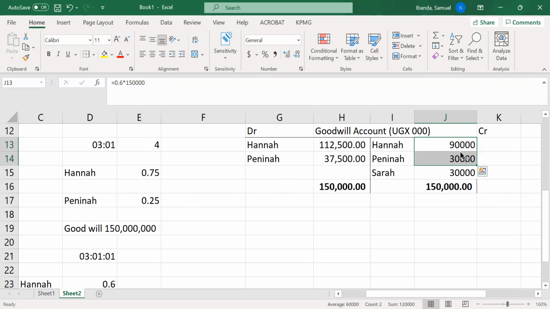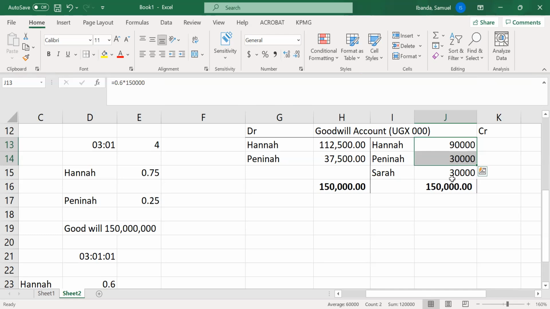Now, for the memorandum, the way she has brought it up, in this case, we have seen that the partner has actually brought in an amount of money, because they have valued goodwill at how much? At 150 million. So in this case, you don't have any amount of goodwill, okay?